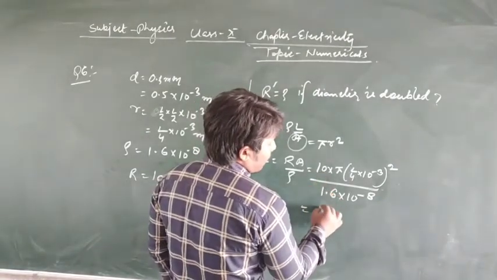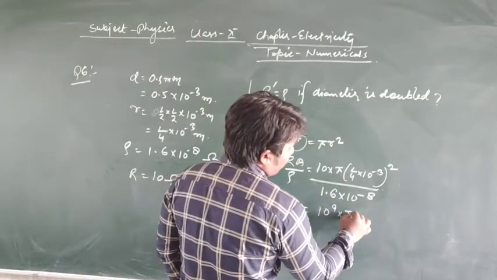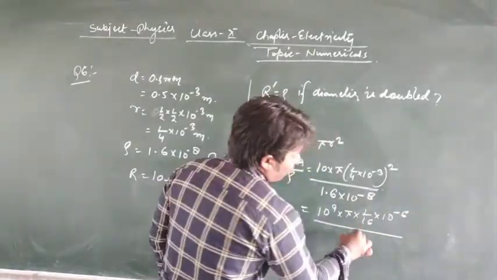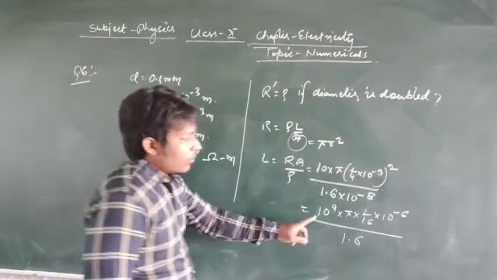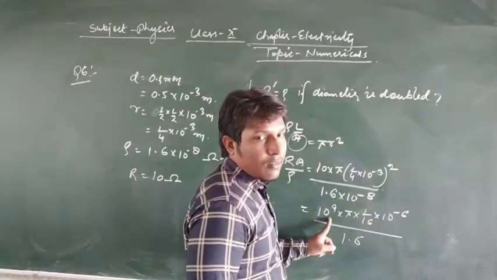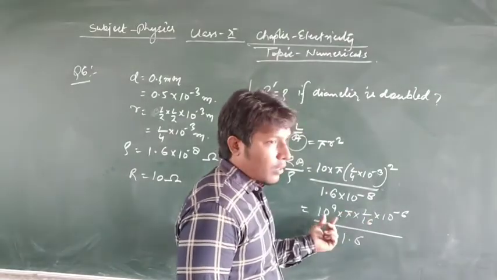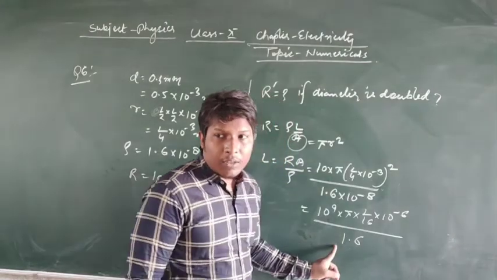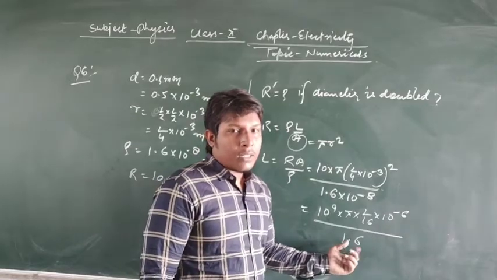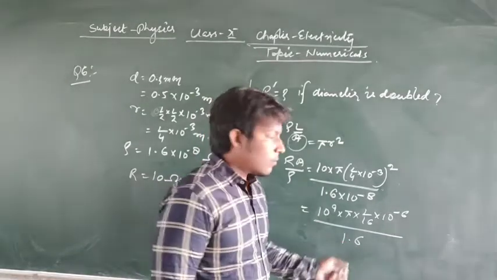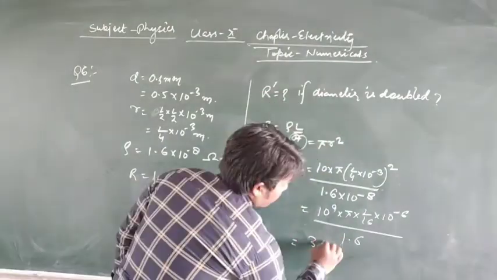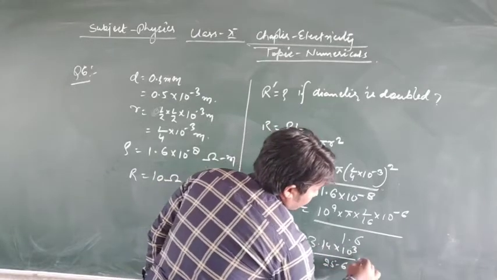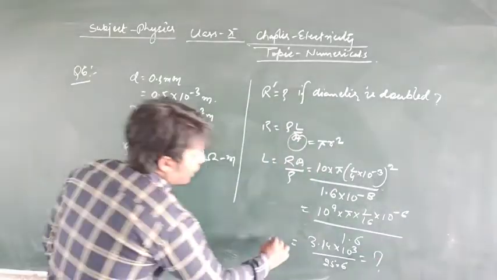So it will be 10 raised to the power 9 into pi into 1 by 16 into 10 raised to the power minus 6 upon 1.6. 10 raised to the power minus 6 and plus 9 gives plus 3. 1 by 16 into 1.6, 16 into 1.6 is 25.6. So 3.14 into 10 to the power 3 upon 25.6 will be the value of length.